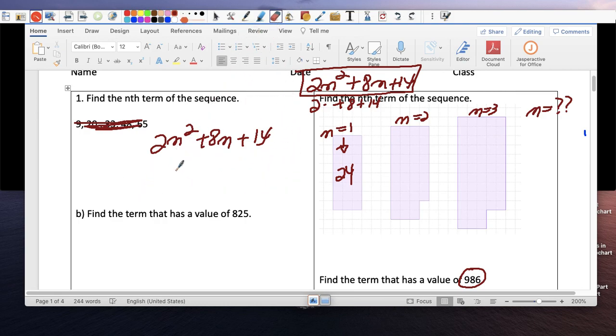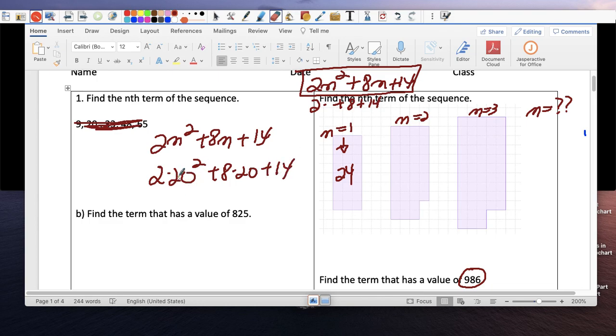Let's try 20 again. When n equals 20, what do I get?